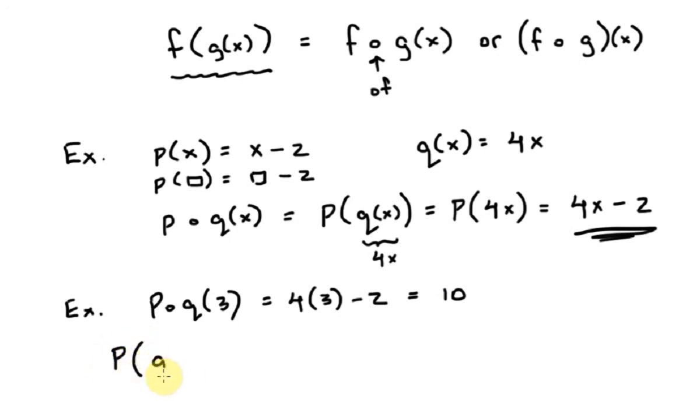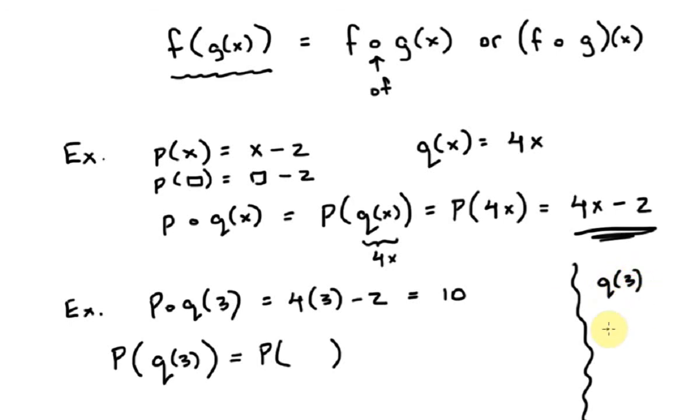P of q of 3. Let's work out what q of 3 is first, on the sidelines here. Q of 3, what is that? Function q, q of x, says 4x.